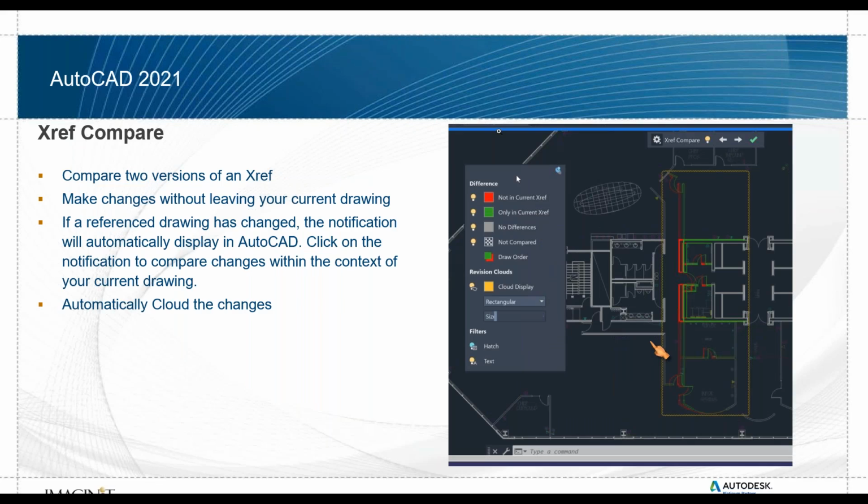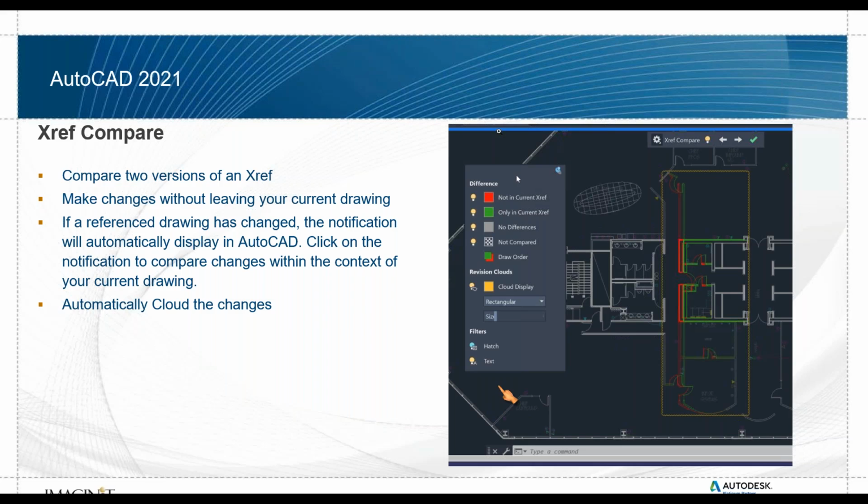Very similar with the drawing history and the XREF compare. You'll be able to overlay the two different drawings, either the ones that are in history, or if you get a change to a drawing from an XREF, you will get notified where you're allowed to use the compare tool. And there you can see a little dialog box where you can see what has changed and what's in the current drawing.